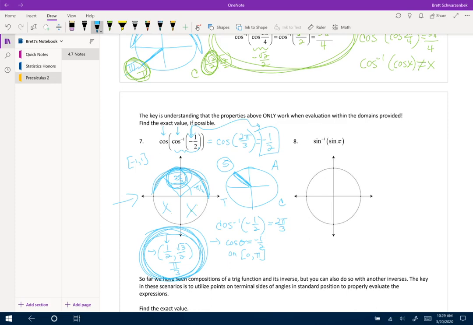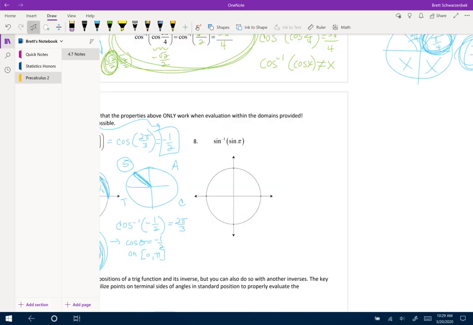Okay, so for number 8, we have a little bit different setup, only because you'll notice that we don't have the typical family of radians here. We have just pi. But again, what do we want to do? We want to evaluate inside and out. So if we want to find the sine of pi, we need to go to pi.